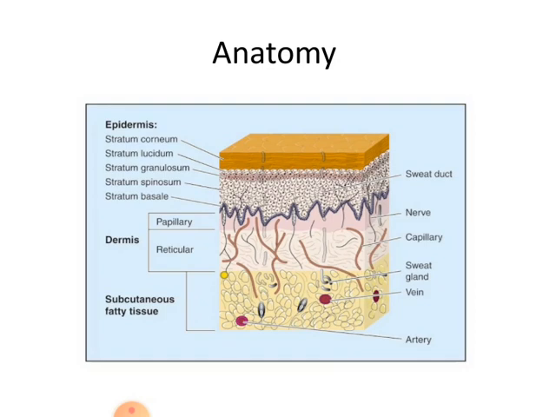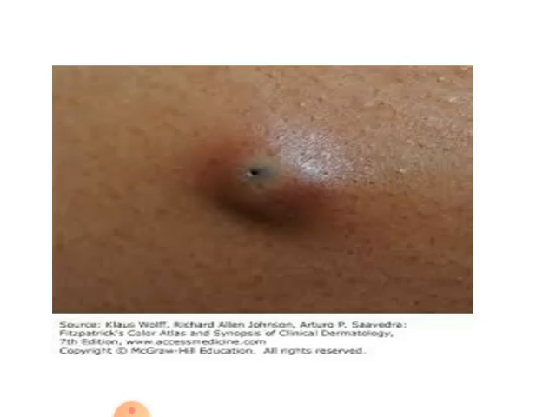You must know the anatomy of the skin to imagine the diseases which can occur in this tissue. At first, we will discuss the cysts of skin and subcutaneous tissues.